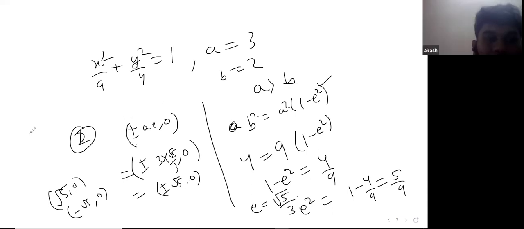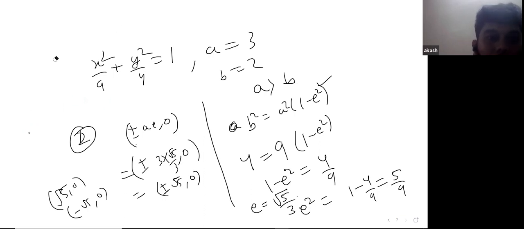And the equation of directrix, third step, would be plus minus A by E. Sorry, what am I writing?